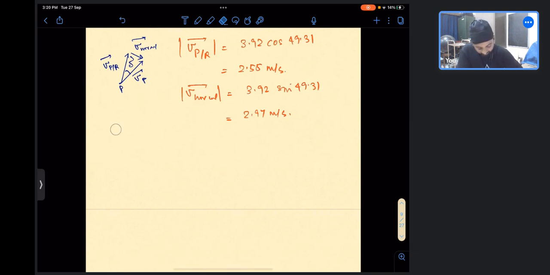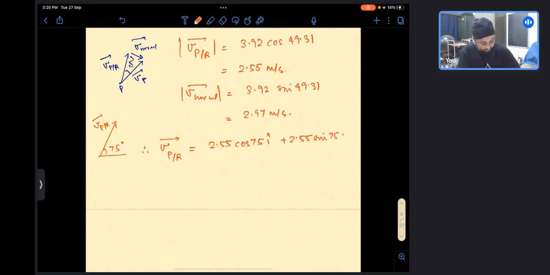So if we write this in vector form in the xy coordinate system as shown, it will be 2.55 cos 75 i plus 2.55 sine 75 j.